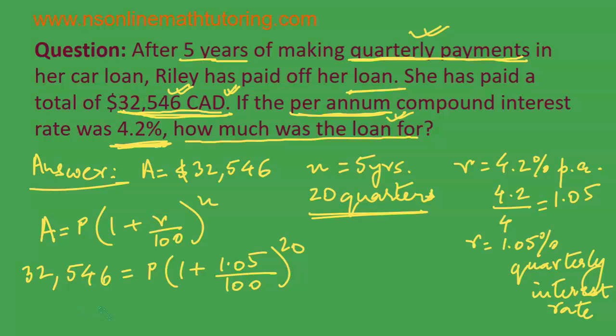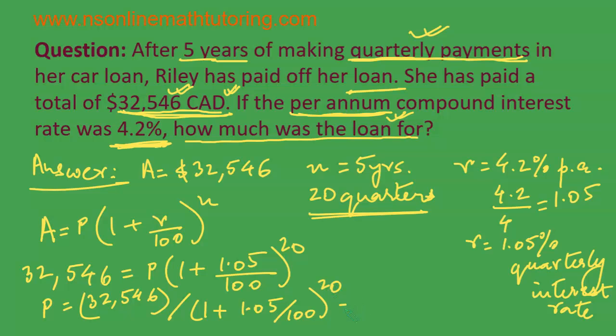So P should be equal to 32,546 divided by, let me write it like this, I won't be getting space. So this is divided by 1 plus 1.05 divided by 100 whole raised to the power of 20.